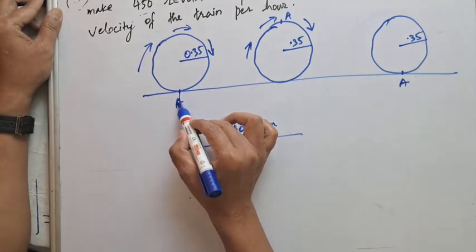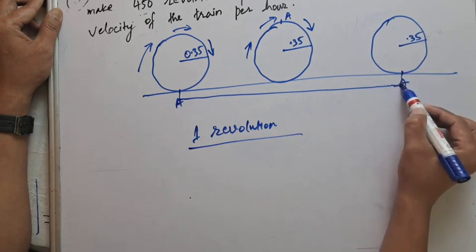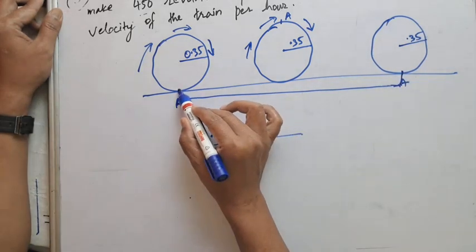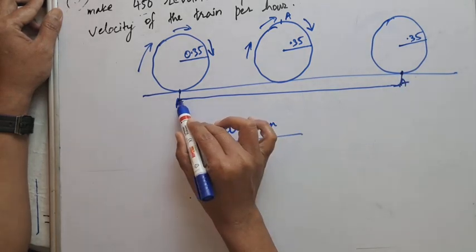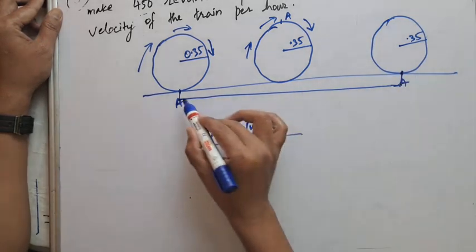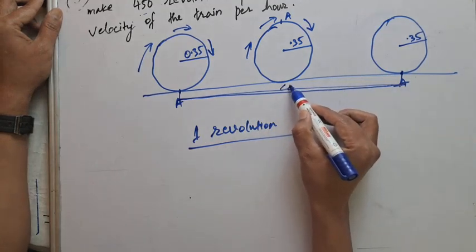Now if we measure the distance between the initial position and the final position, the part of the circle which touched the ground here, and here also the same part of the circle touched the ground, isn't it? So if we measure the distance between the initial and the final position, we get the circumference of the circle.